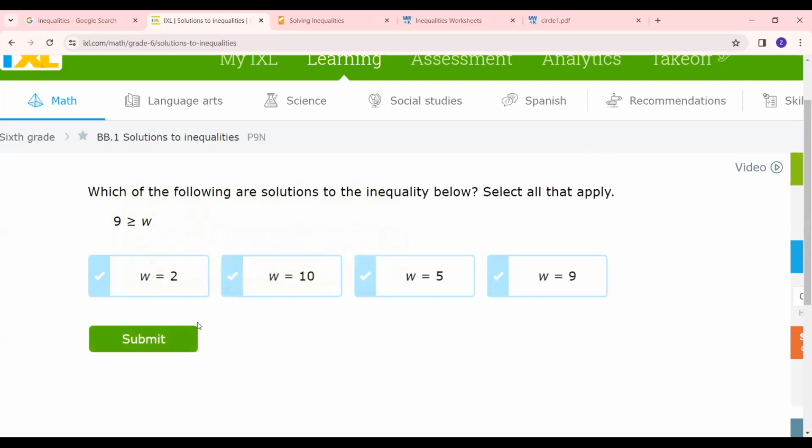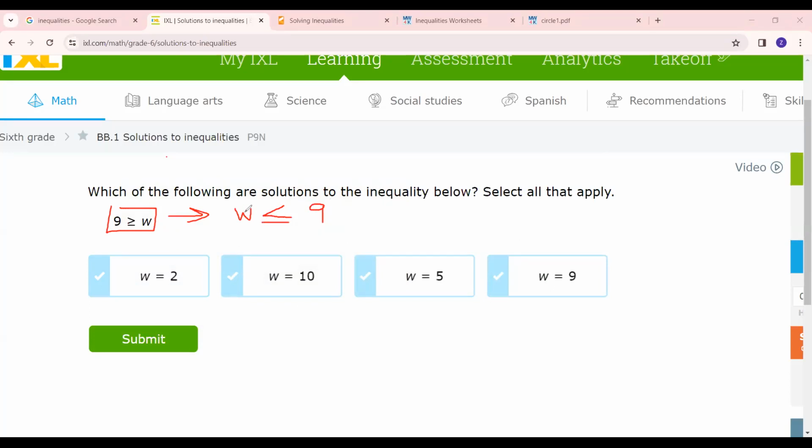Okay, moving right along. 9 is greater than or equal to W. What does that tell us about W? W is less than or equal to 9.